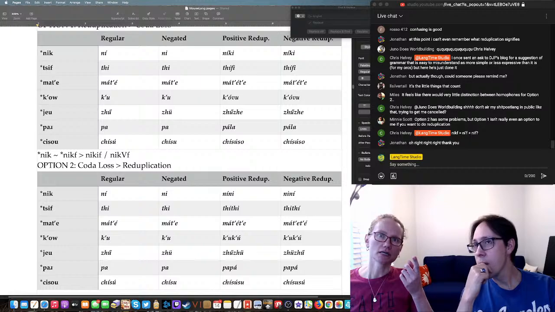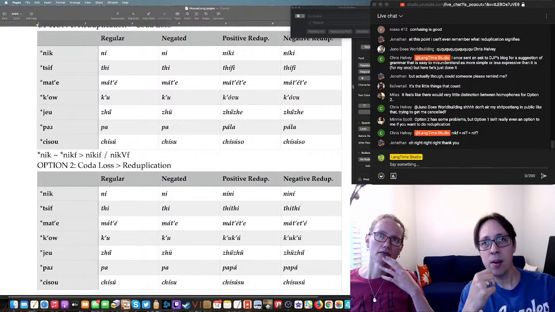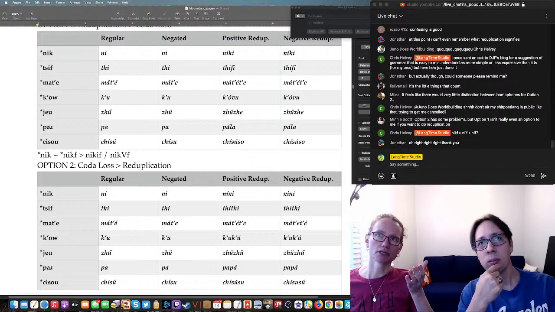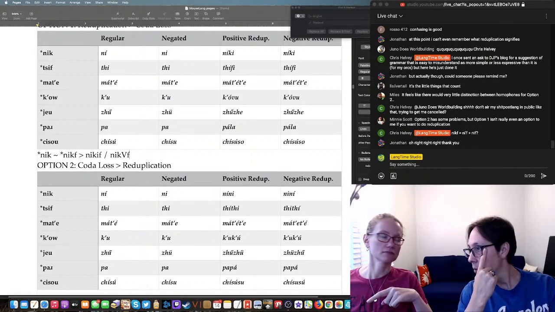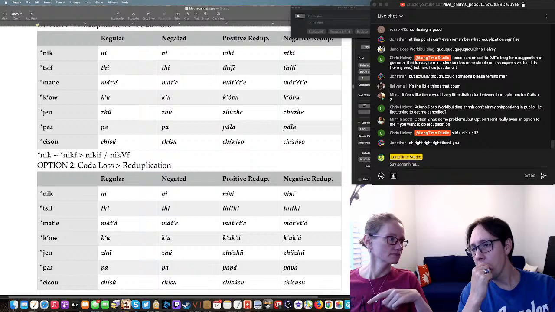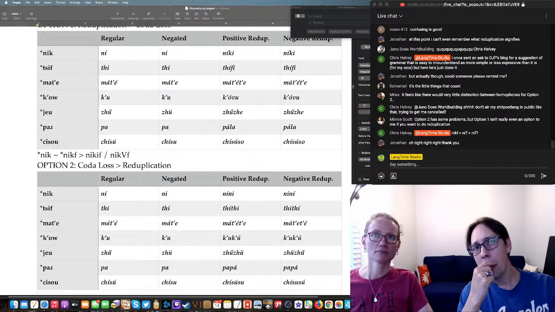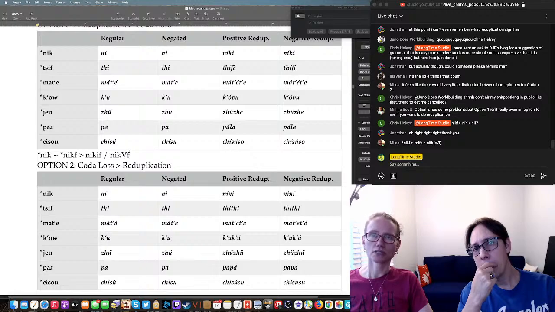Because on option 1, there's the assumption that codas have been lost already, but they aren't lost for reduplication. So reduplication would have to come before negation, and the codas would have to be lost before negation happens. So this is a problem for both.